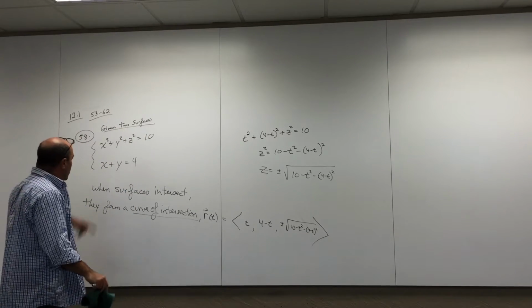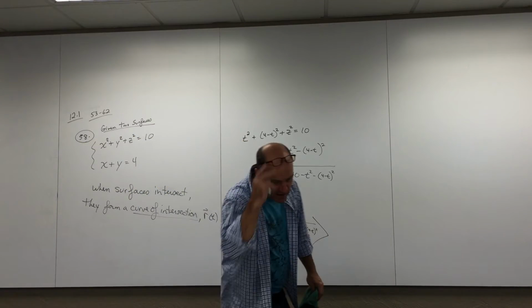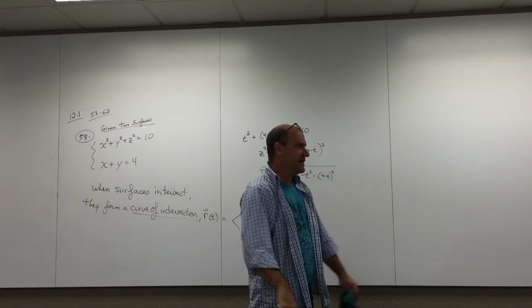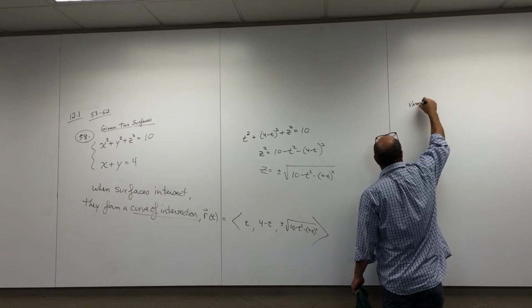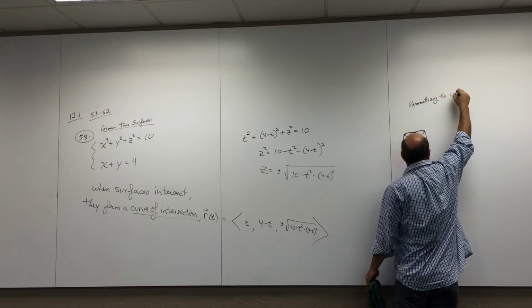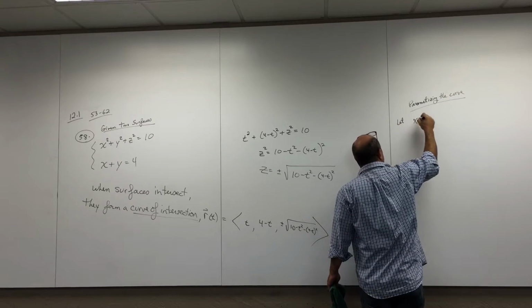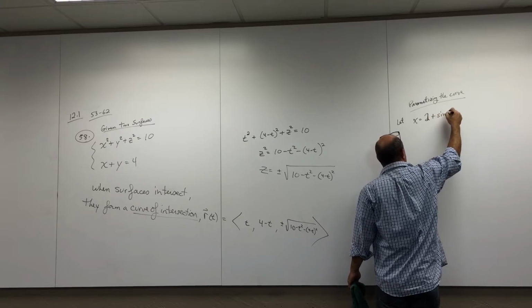If I do read the book for this problem, they had a different suggestion. They suggested to let x equal 2 plus sine t. So their suggestion for parameterizing the curve, if I go with what the book said, they said let x equal 2 plus sine t. Now guess what?